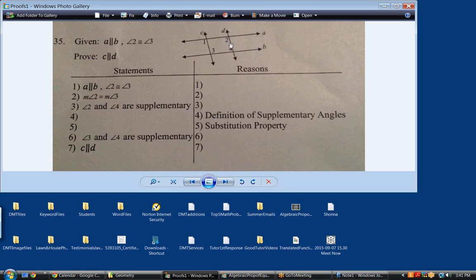And because that angle is supplementary to that angle, and that angle is equal to angle 2, and angle 4 is equal to that angle, then angle 2 and angle 4 must also be supplementary. So the reason for number 3 would be the definition of parallel lines.